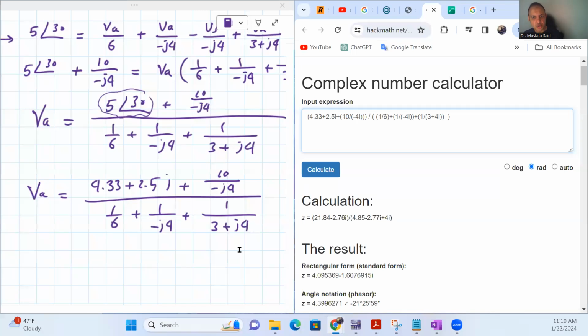So let's review the numerator one by one: 4.33, 2.5i plus 10 divided by minus 4i. Yes. Now the denominator, we have three terms: 1 over 6, 1 over minus 4i, and 1 over 3 plus 4i. Okay, good. Looks good.